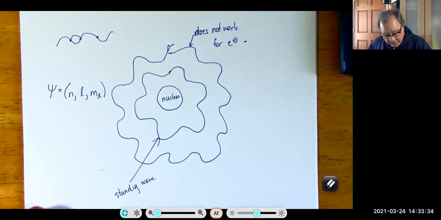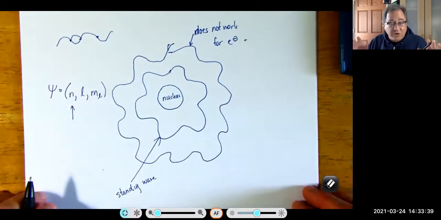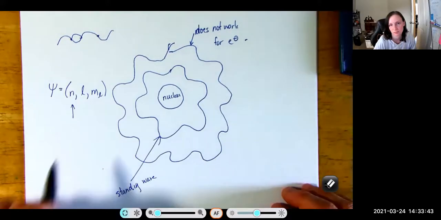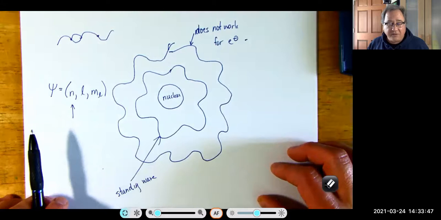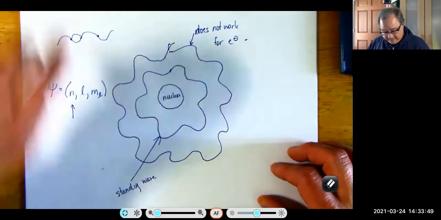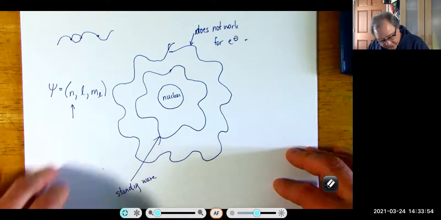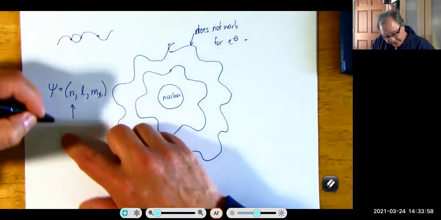Now, you can probably guess what N stands for. The orbit, as it were, in Bohr's atom. L is called the angular momentum, and M sub L is the magnetic quantum number. And there's two big things you need to understand about this equation. This gives you the energy.